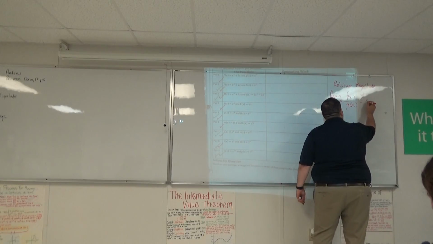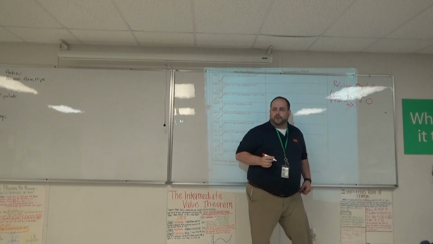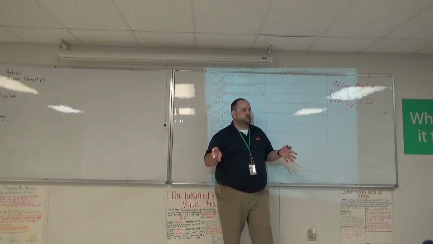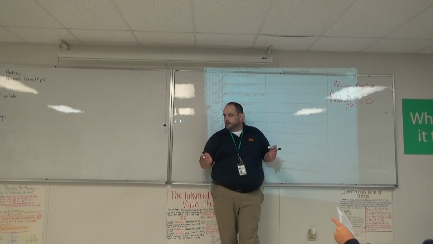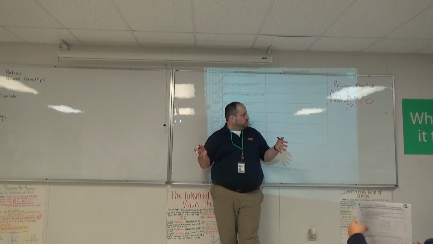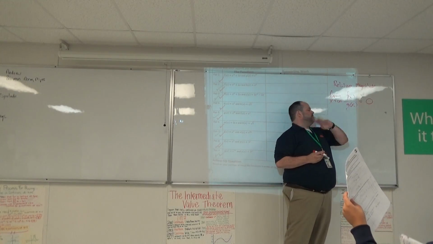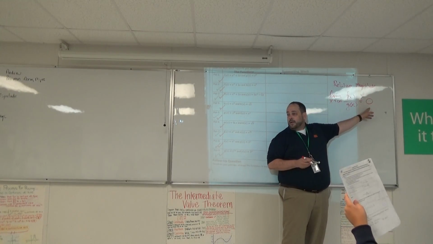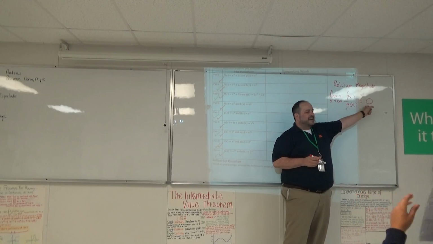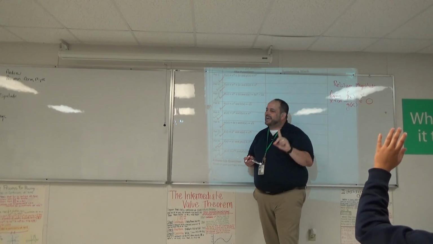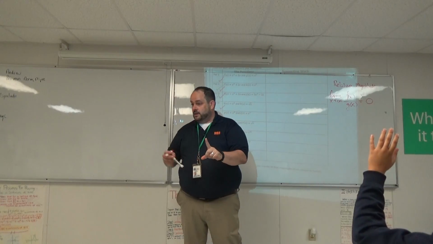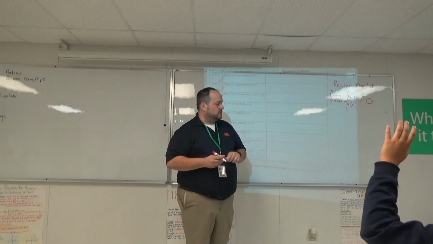like if the limit is 0, what is the conclusion? You take the ratio of these two functions, the limit as x approaches infinity of the ratio comes out to be 0. What I care about is not the number, but what does the number tell you about the functions? And feel free to use the notes if you need to.